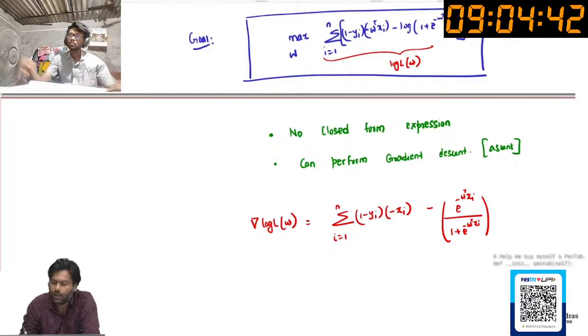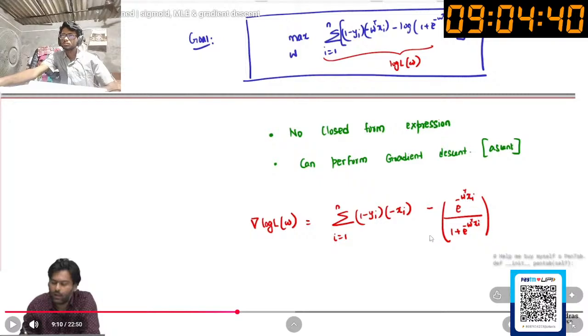Okay, so remember, there are three variables involved here: yi, xi, and w. With respect to which should we take the gradient?